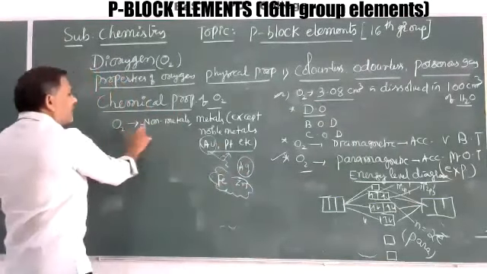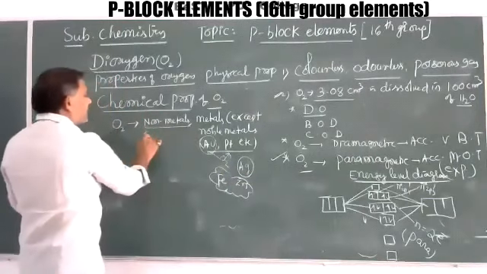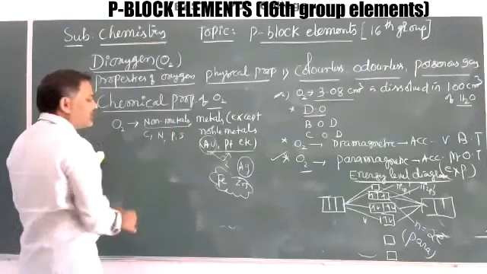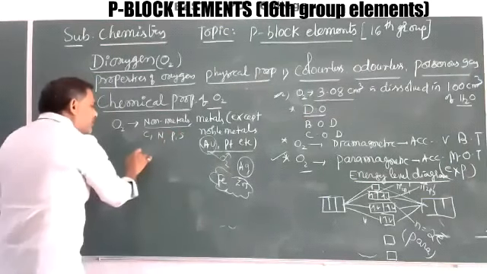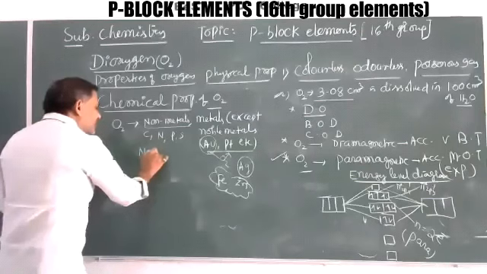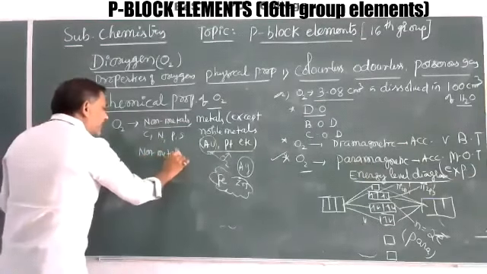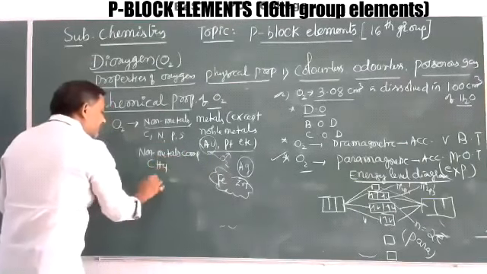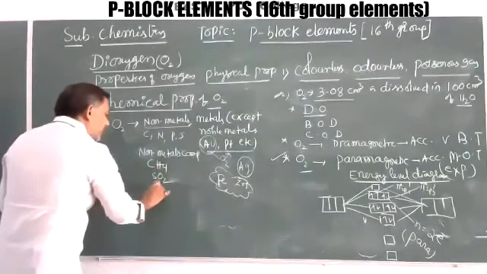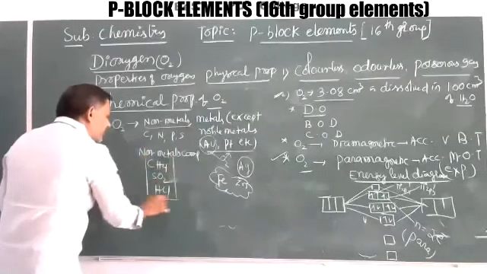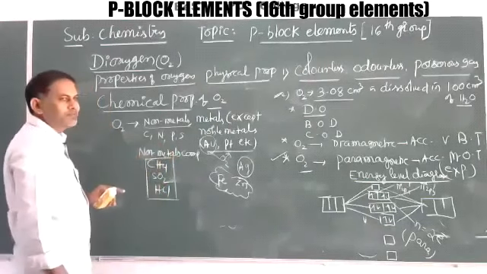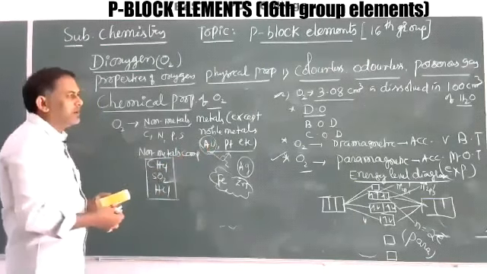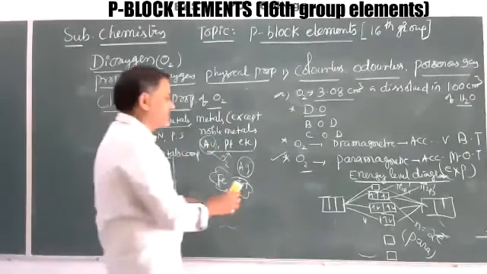Oxygen also reacts with non-metals like carbon, nitrogen, phosphorus and sulphur, and with non-metallic compounds like CH4, SO2, HCl and others, giving corresponding oxides.